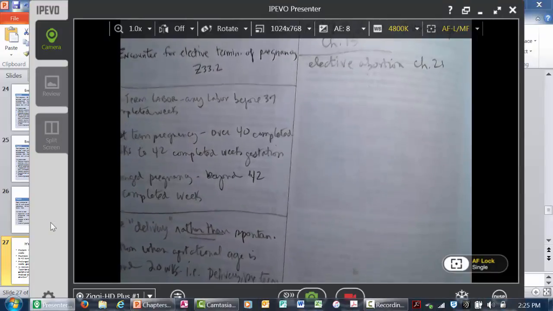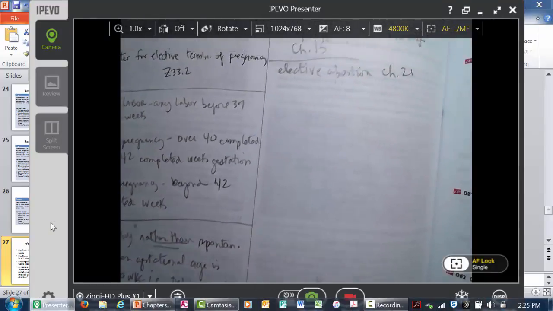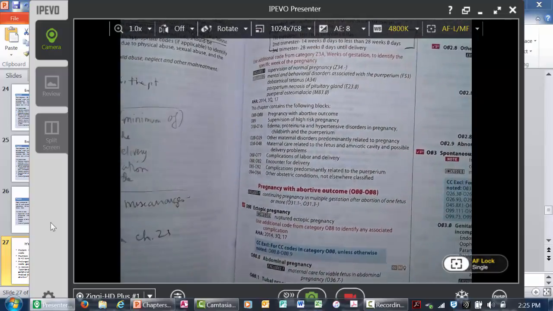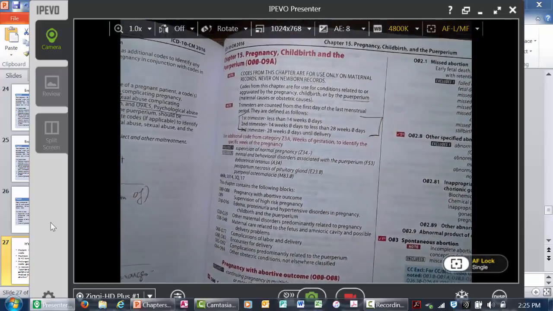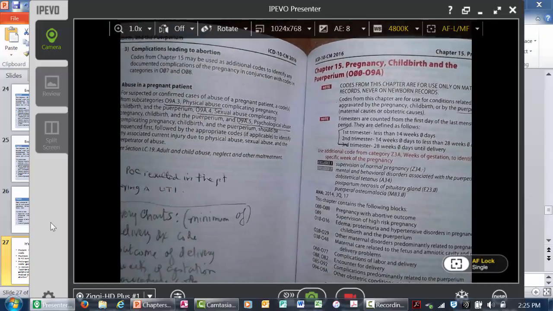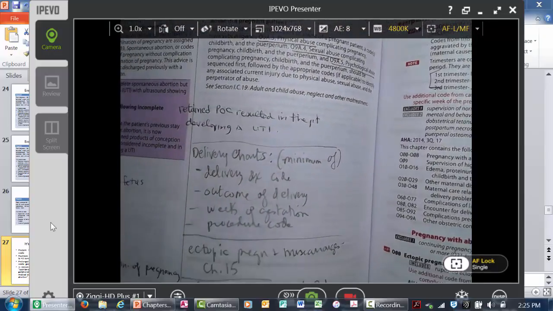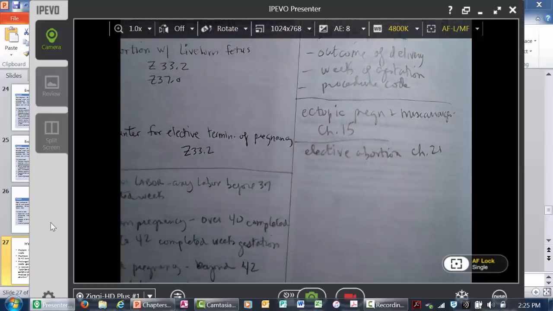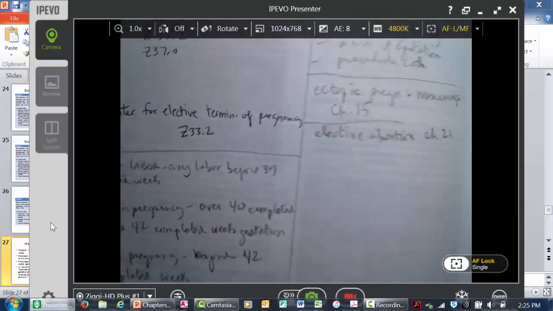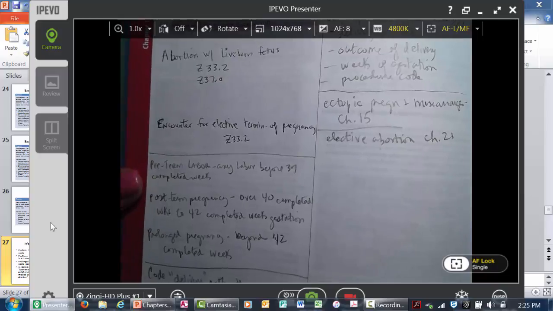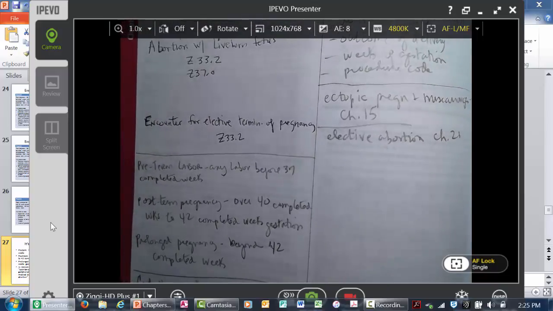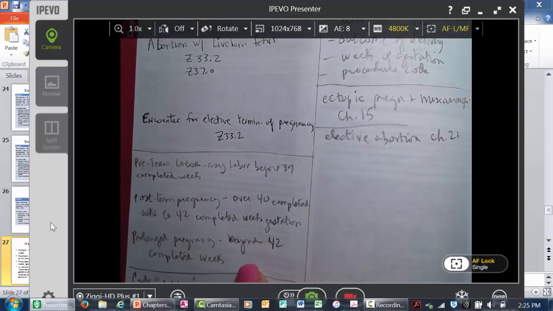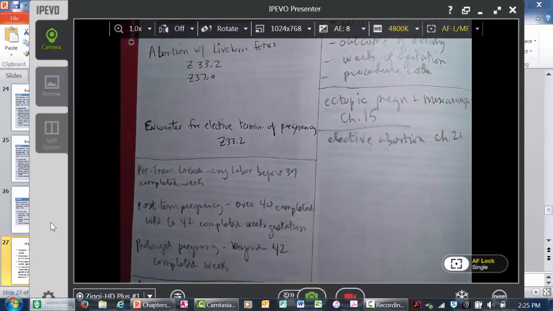So here in my code book, I wanted to show you where I have things written. This is chapter 15 in the code book, and just opposite is actually the end of the guidelines for chapter 15. There's a little bit of room there, so I have written myself notes like preterm labor, post-term pregnancy, prolonged pregnancy, just to help me remember those numbers.